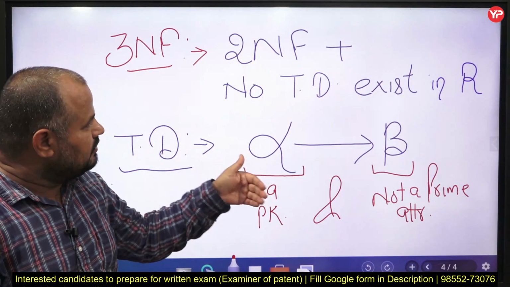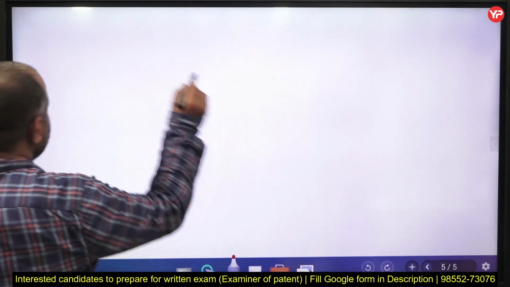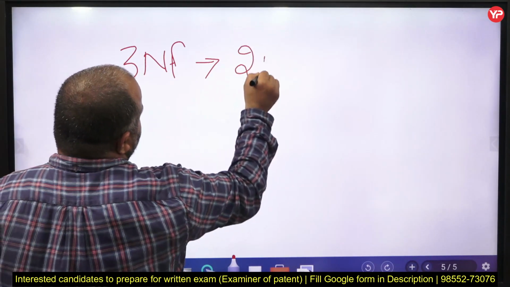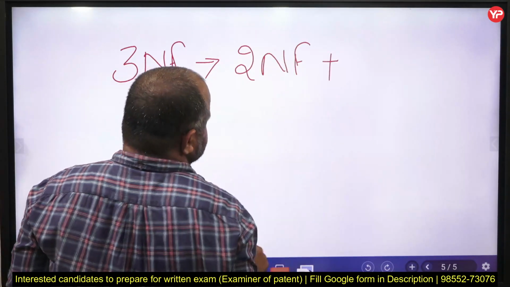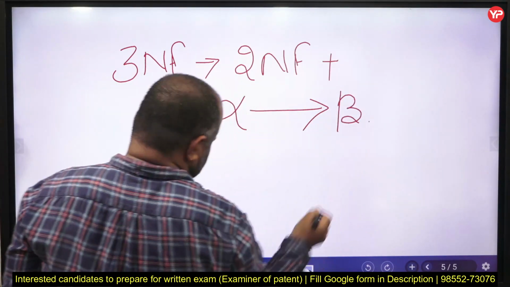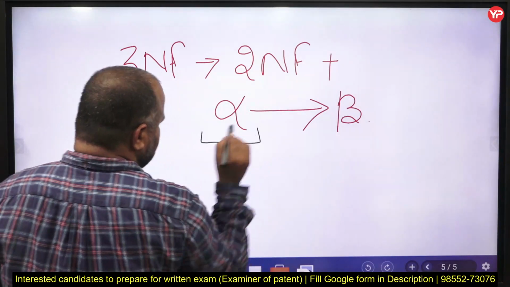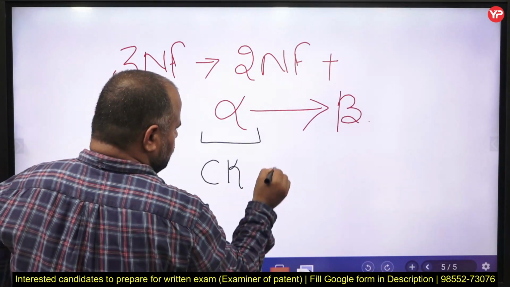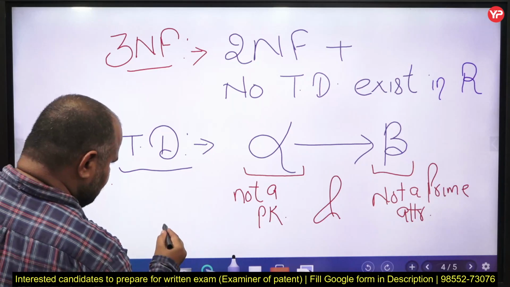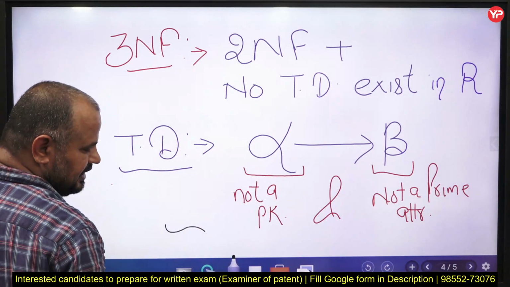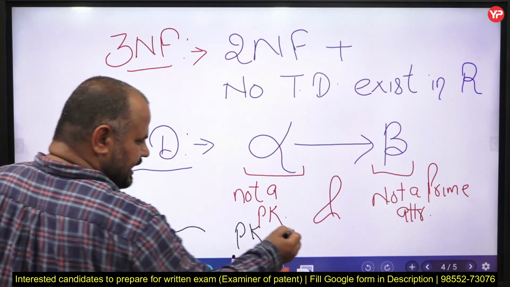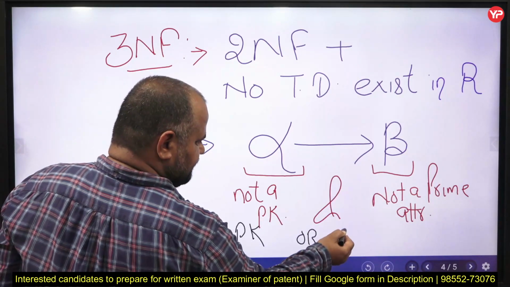Fine, my dear students. So the alternate definition of 3NF is, I can say, first of all my relation will be in 2NF, plus if we have an FD in my relation alpha determines beta, then alpha should be a key, or, because if I negate this dependency, not a key means it should be a key, and not a prime means prime attribute.